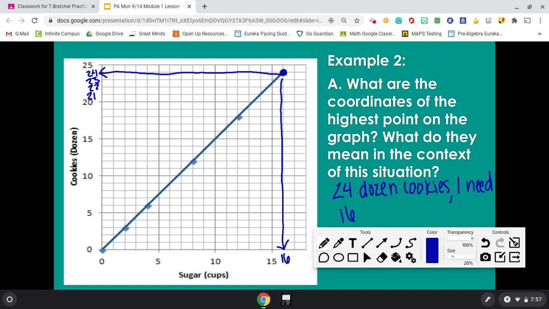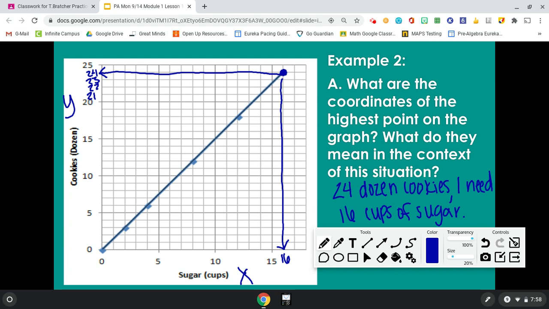I need 16, and it's cups of sugar. So reading a graph is very, very important. So 24 dozen, remember these are y's, and 16 cups of sugar, which is my x value.